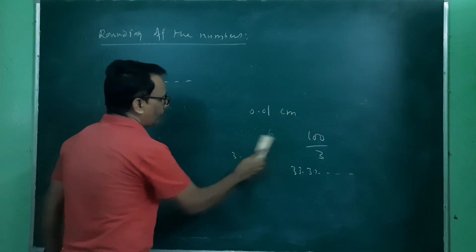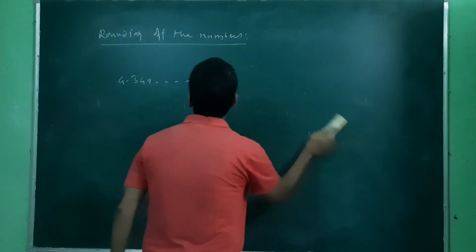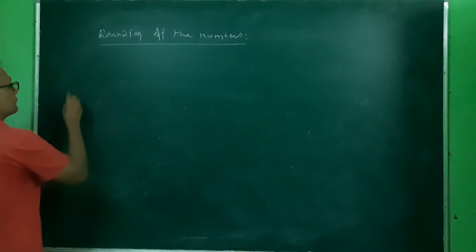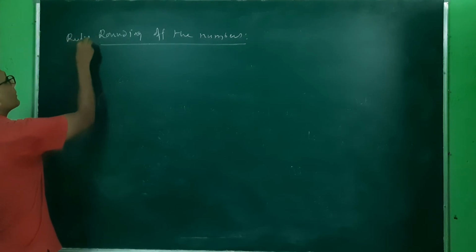Only 5 rules are there. Rules of rounding off.